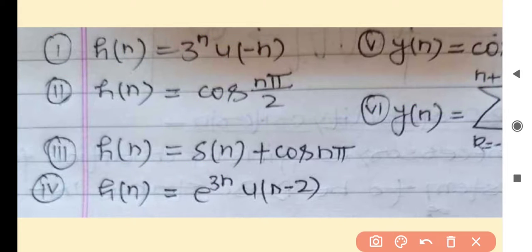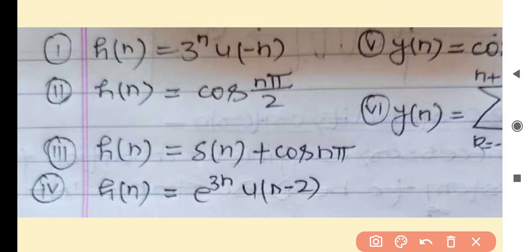Now move to the next example. In the next example also, h[n], the impulse response of the system, is given. We have to only take summation of this impulse response.